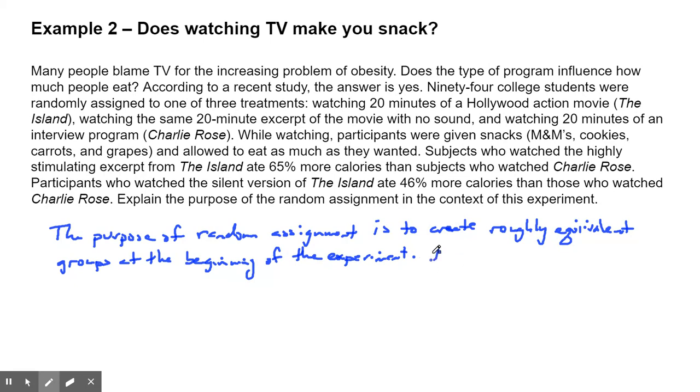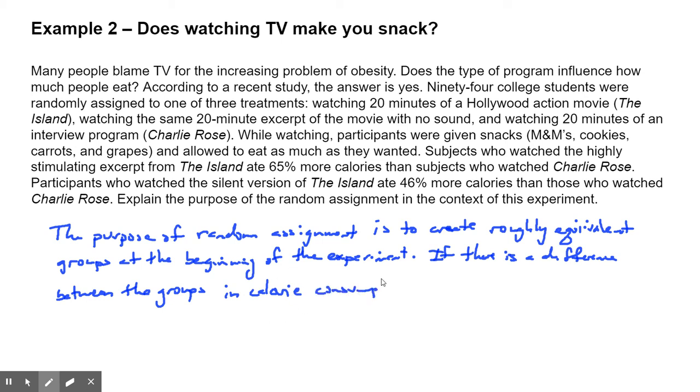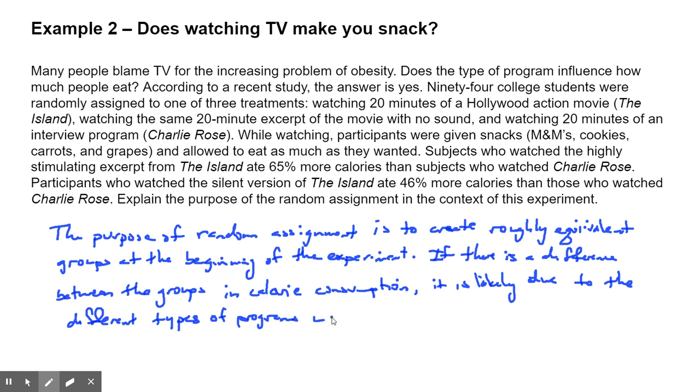If there is a difference between the groups in calorie consumption, or however you want to say it, how many calories they eat, it is likely due to the different types of programs watched.